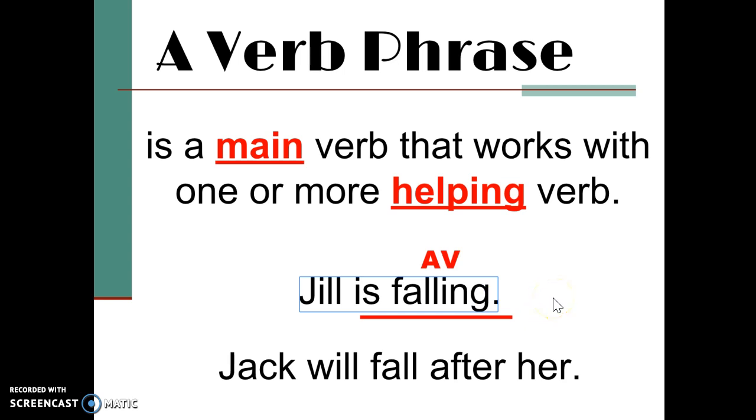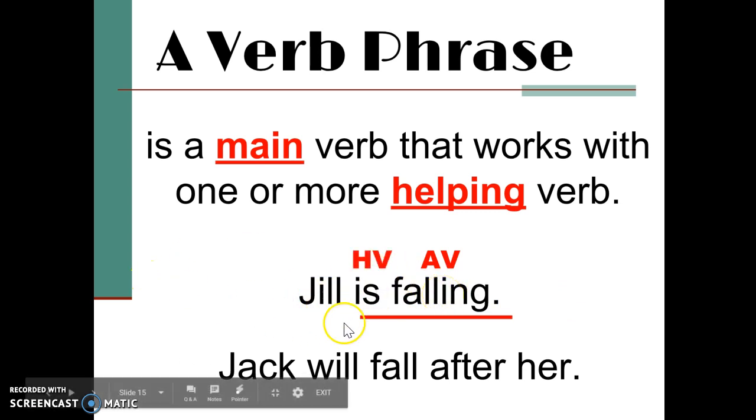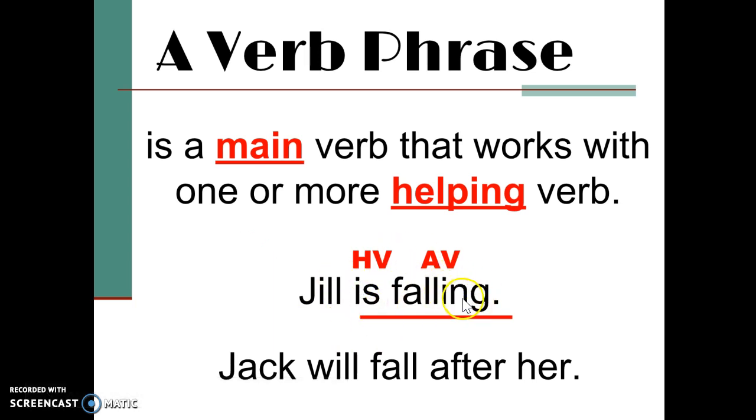Jill is falling. So is a helping verb that helps that main verb along. It does look like a linking verb, but in this case it doesn't have a noun or adjective after it that describes Jill. It's followed by a verb, so it's helping the verb. In this case, Jill is our subject.